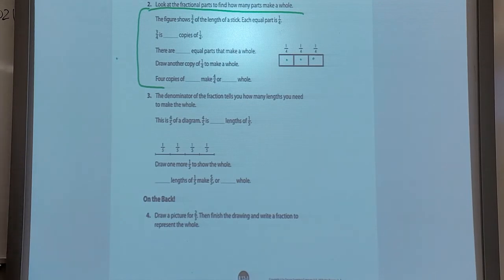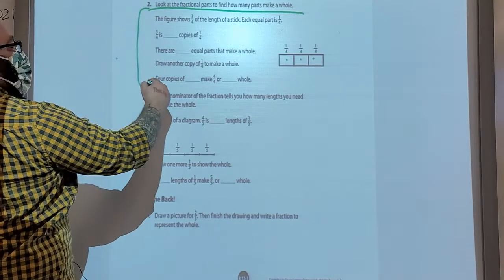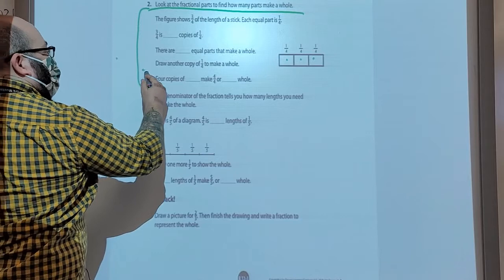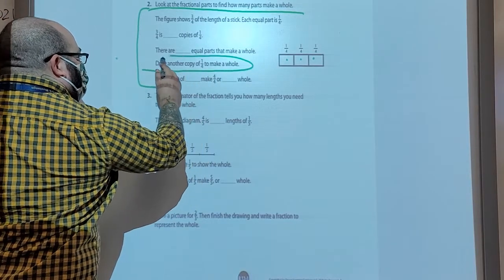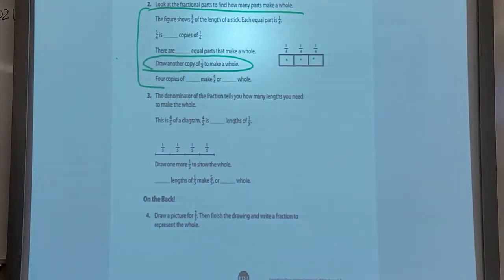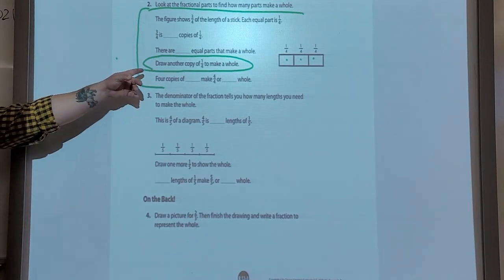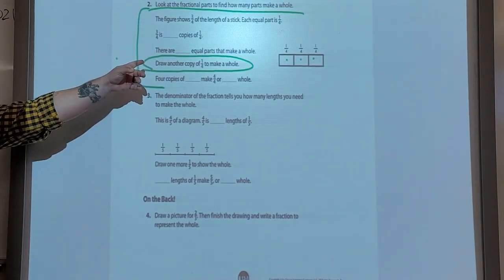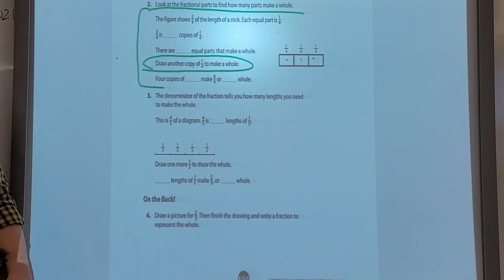But guess what? If you guys had read the entire thing, it says right here, I want you guys to scroll down on your paper. Look down on your paper. What does it say right here, guys? Jack? Exactly. Draw another copy of 1/4 to make whole.